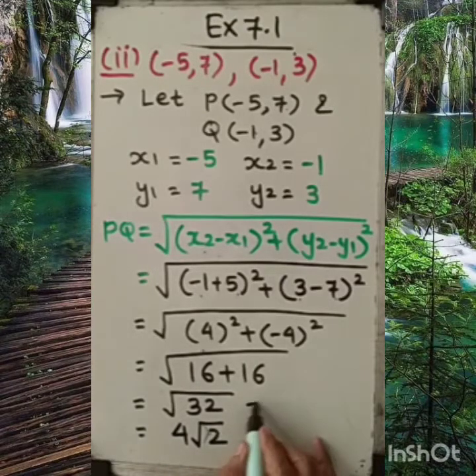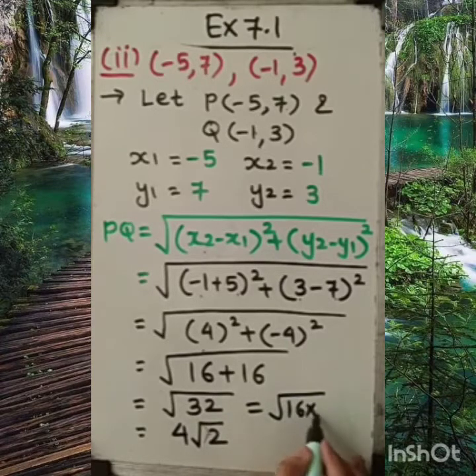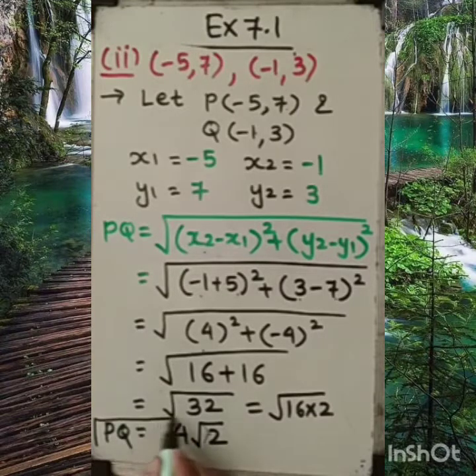How it is coming, you know very well. The factors of 32 are 16 and 2, and as we know 16 is a perfect square of 4, so it is 4 root 2. So we can say the distance between the 2 points is 4 root 2. This is the solution of the second part of question number 1.